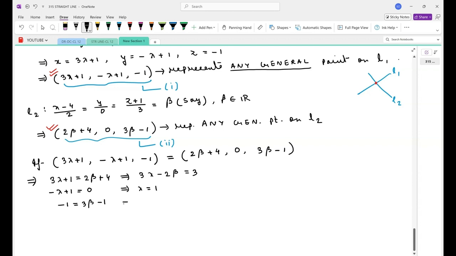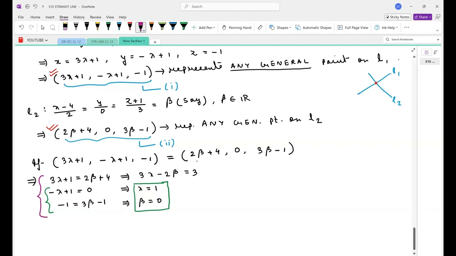So from here we get beta equal to 0. So please note that we have already got the values of lambda and beta from the last two conditions. Now if I can show that this pair of values of lambda and beta also satisfies the other equation, that is 3 lambda minus 2 beta equal to 3, then whatever I have assumed is okay. So this whole portion comes from the equating of the 2 points.